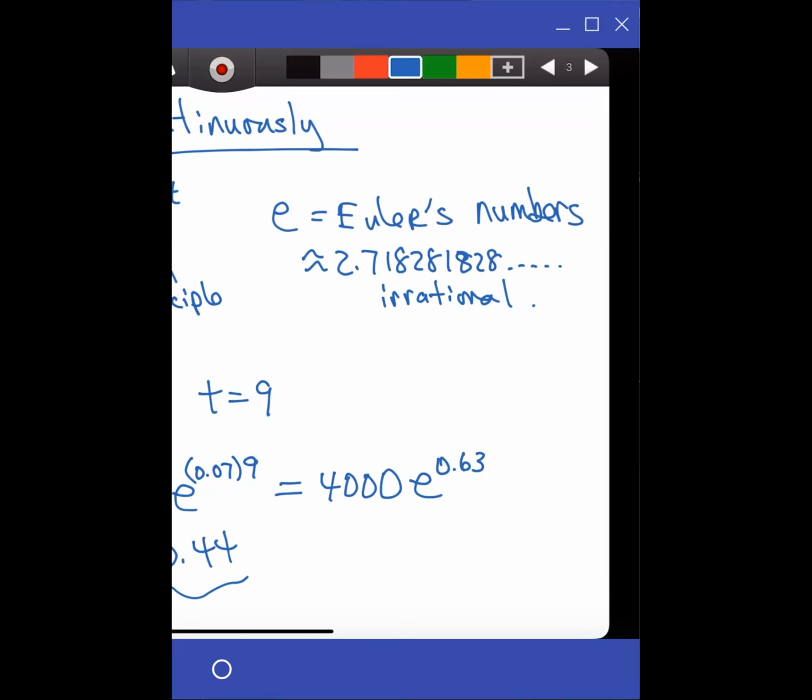Now, if this rode for a lot longer, if there was a larger initial principal, then we would actually see this thing grow a lot more. It would be far more noticeable. All right, so let's see. I think that kind of gets us through the rough part of exponentials.